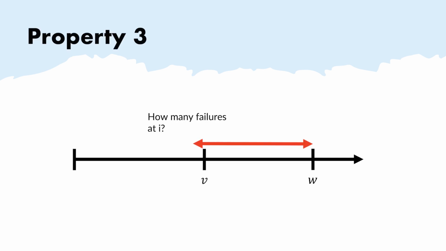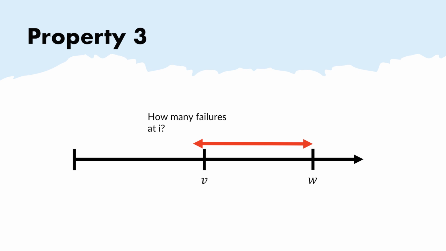So far I have been talking about intervals of time that cover since the beginning of operation until a certain time point. And what if I wanted to check the number of failures within a given interval? That could be anywhere along the timeline.